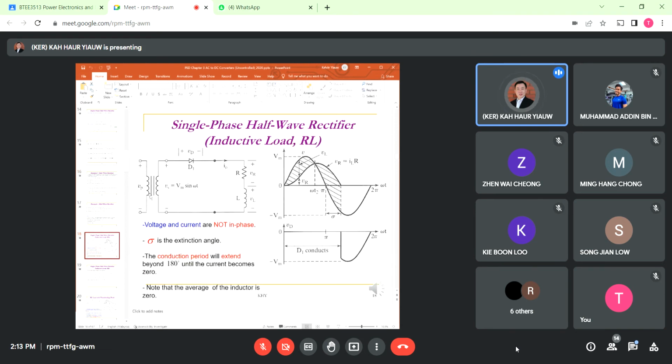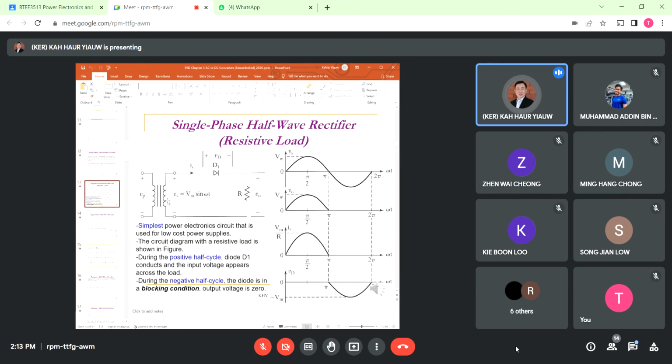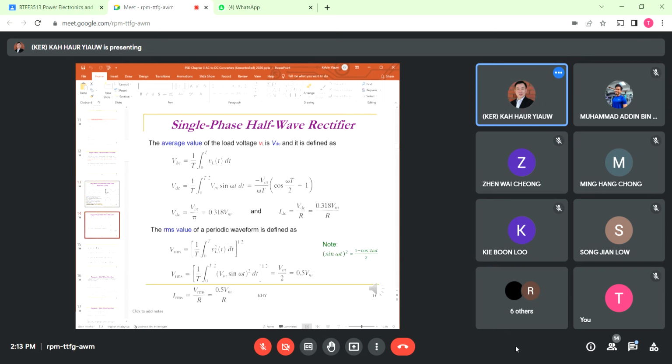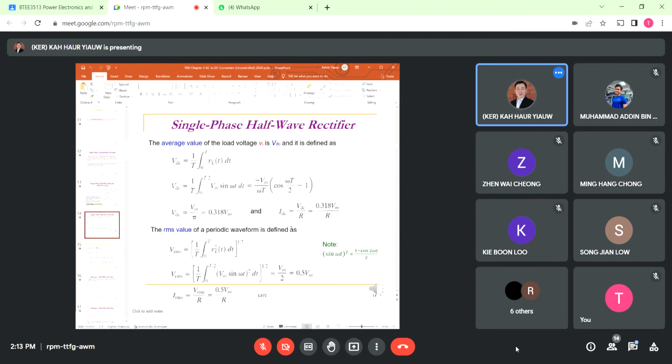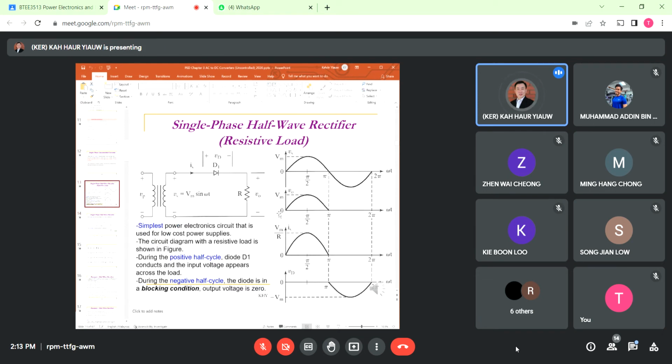So I have VM over root 2, as opposed to the load side here. The load side has only VM over 2, because you only have one ripple per cycle. So that makes a difference.